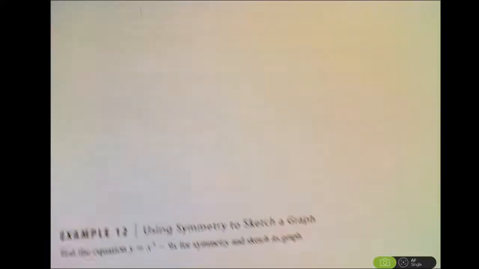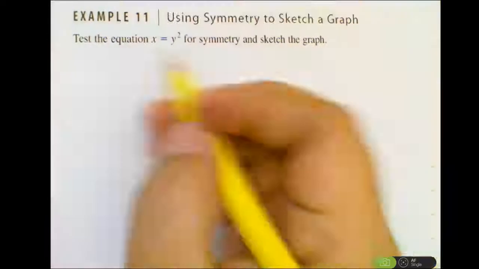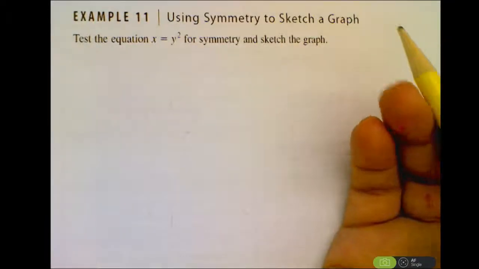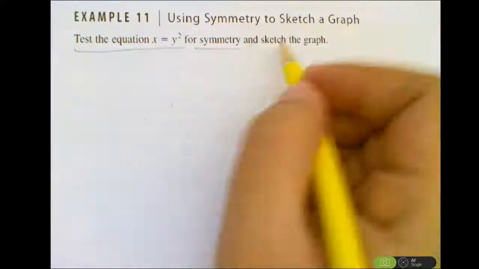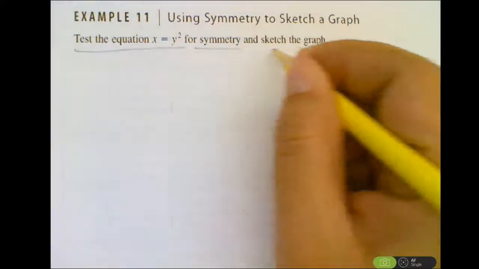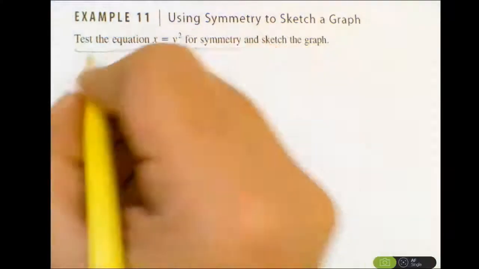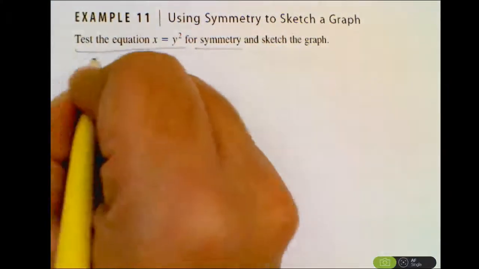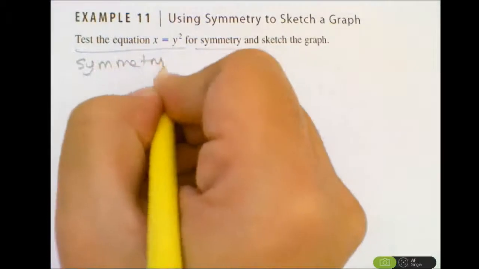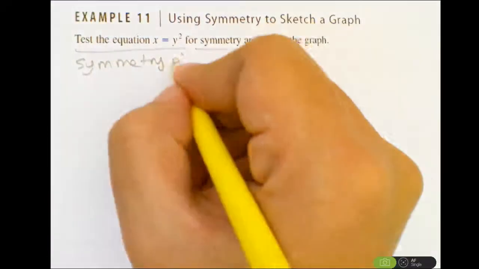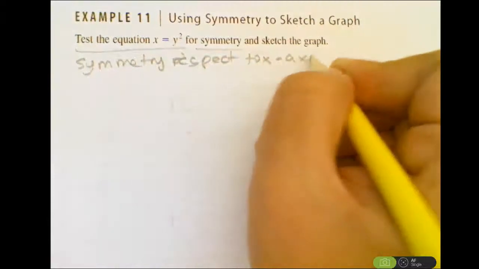So now let's do examples 11 and 12. It says test the equation for symmetry and sketch the graph. Well, first I want to test for symmetry, because symmetry actually makes my life easier whenever I have to graph. So I'm going to test for symmetry with respect to the x-axis.